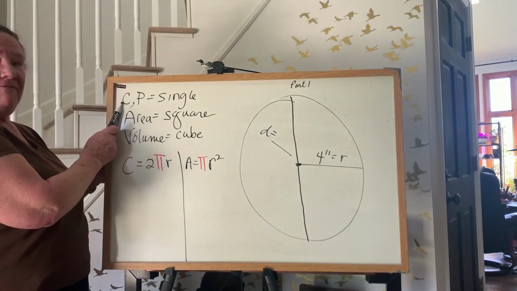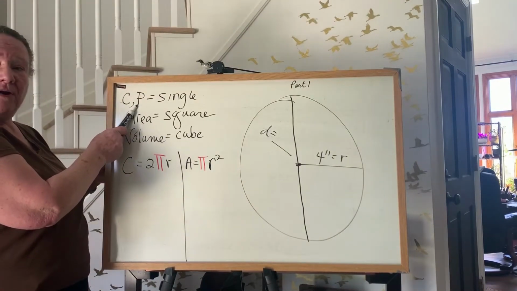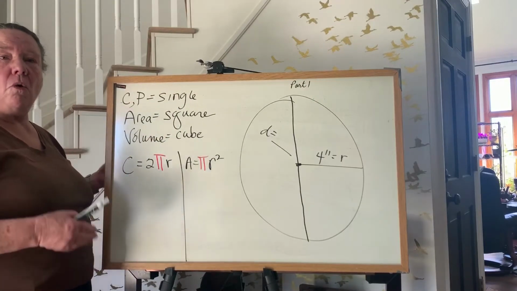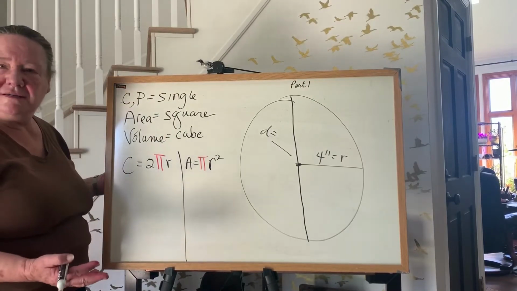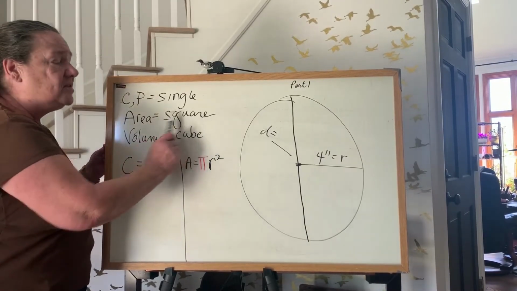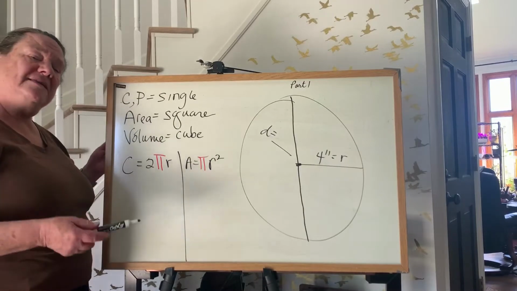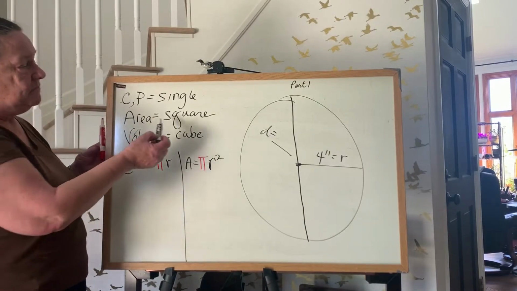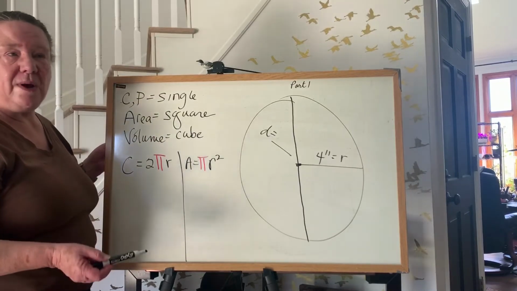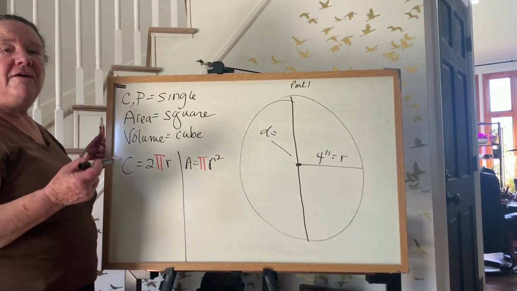The circumference, or the perimeter, is a single unit, like inches or feet or miles or centimeters, okay? An area is always, always, always squared. You might see this in your science classes. Like square inches, or inches squared, or feet squared.